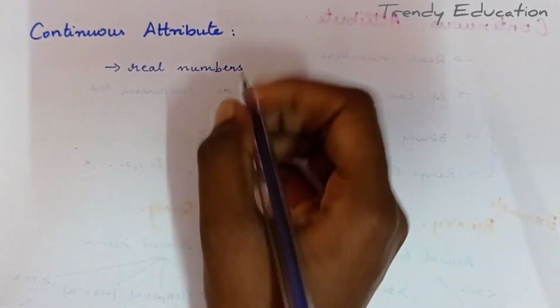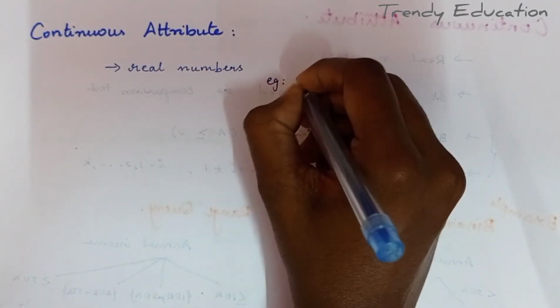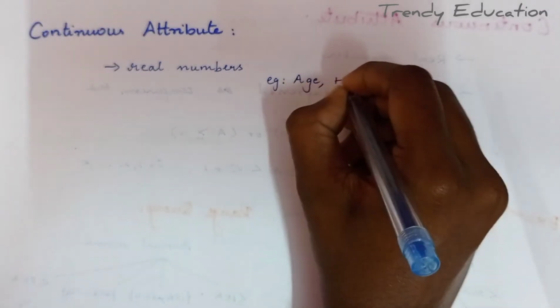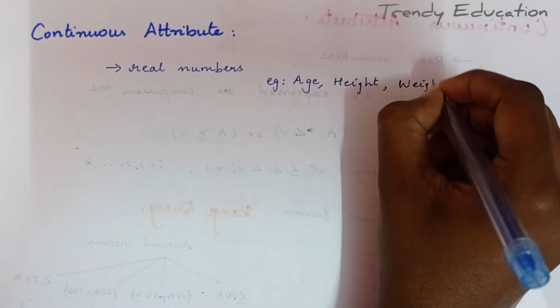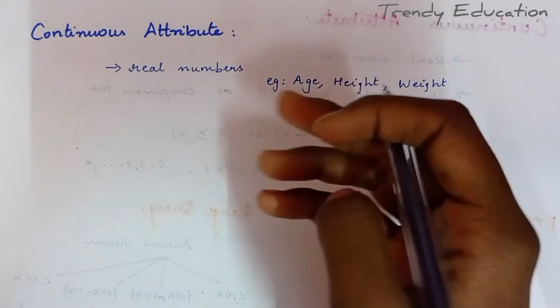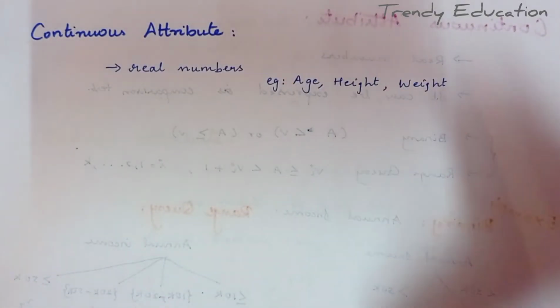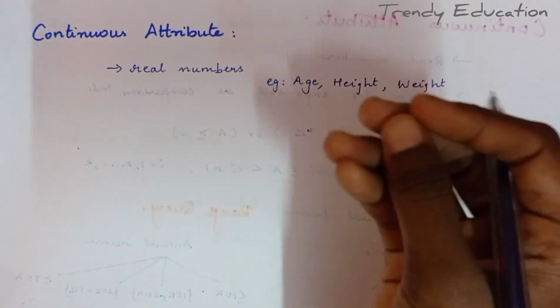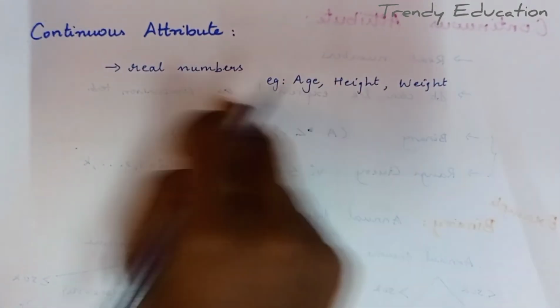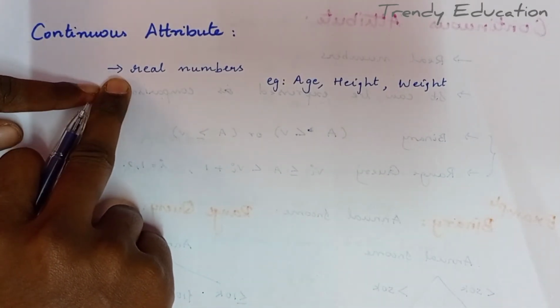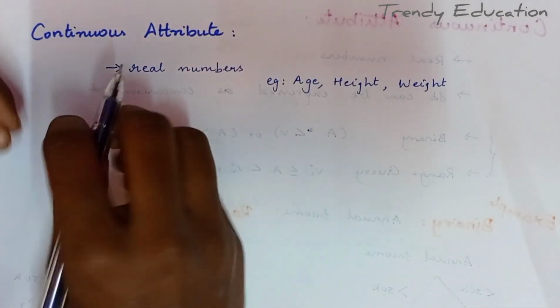For example, the age of a person, the height of a person, the weight of a person, or something about a thing or place. So it is normally based on real numbers.